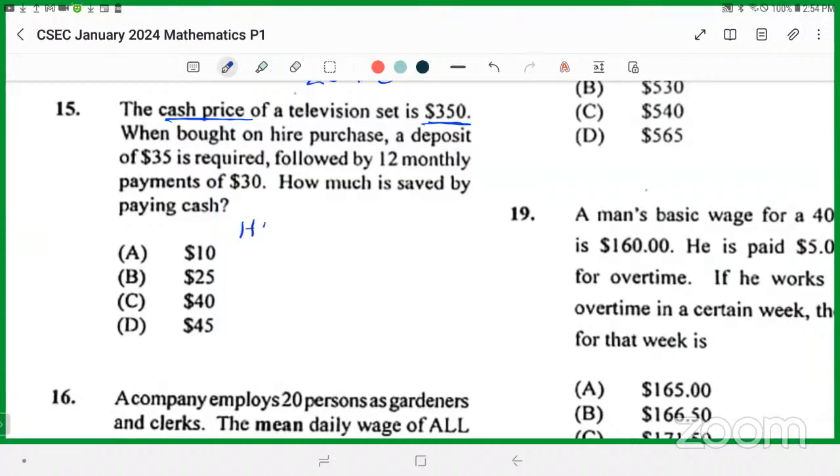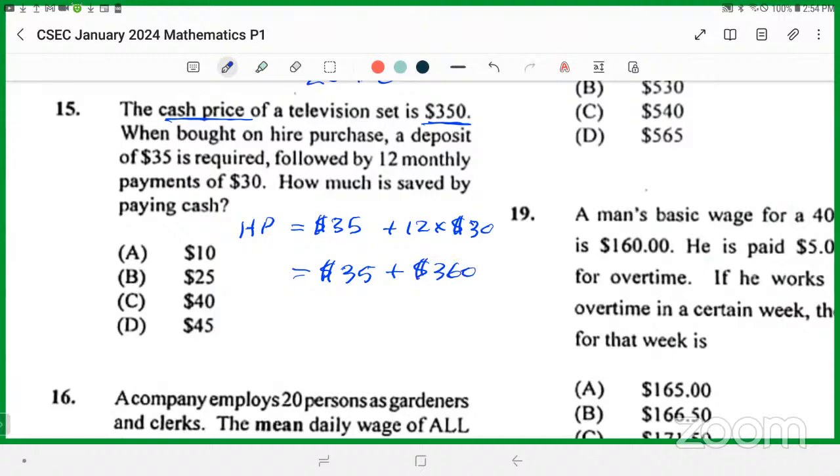So let's work it out here. The hire purchase amount is equal to the deposit of $35, and then you're going to pay $30 12 times. So it's 12 times $30. So this works out to $35, plus 12 times 3 is 36, so that's $360.